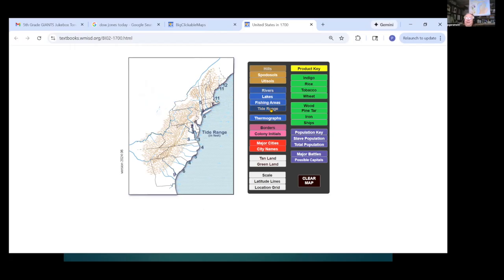Tidal range turns out to be another very important variable between the different colonies that people don't think about very often. With a 12-foot tide up here in Maine and New Hampshire, and Massachusetts at 11 feet, you had the capability of making a tidal mill right along the coast, which would let you saw lumber, mill grain, and do other things you would want a mill for.